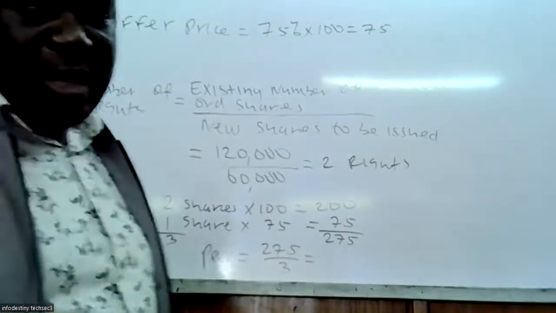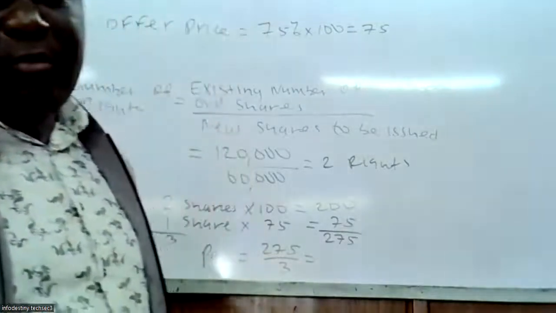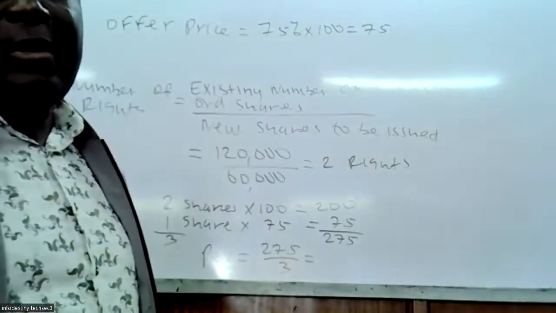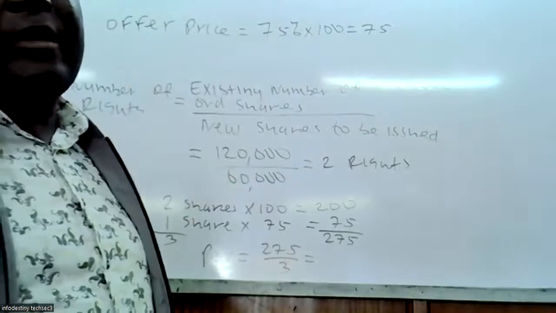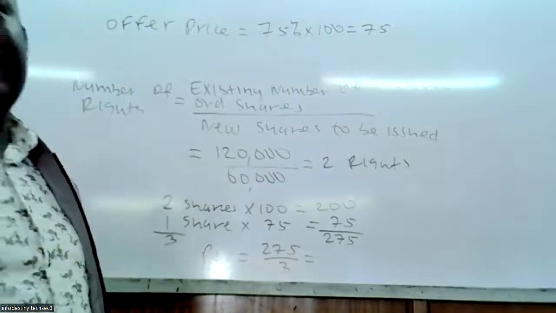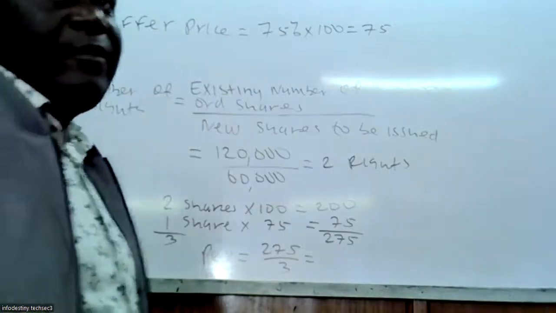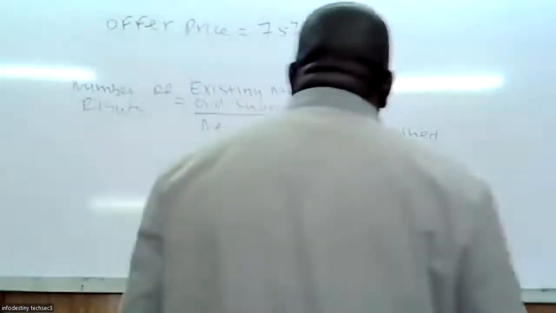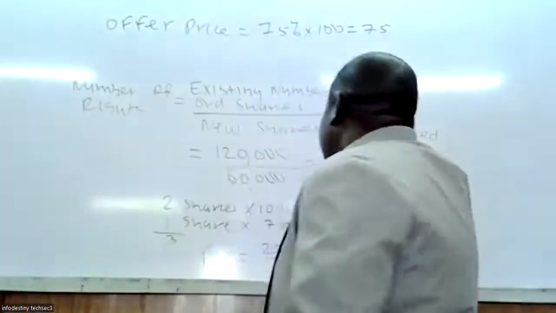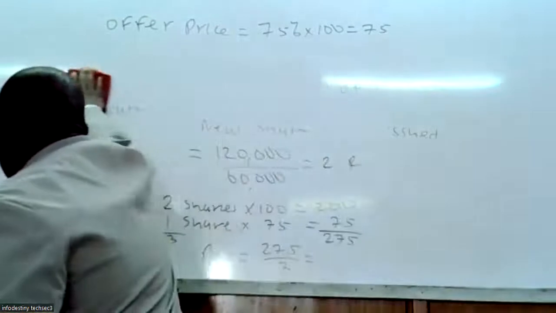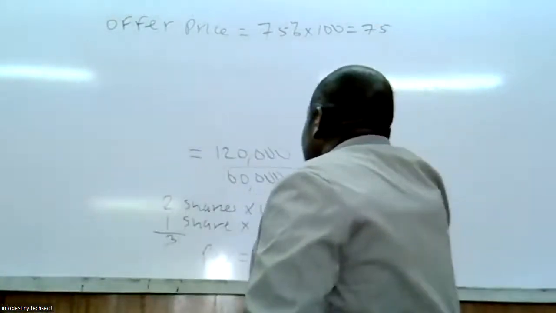I want you to add Roman letter 4. It was not required in the question, but add Roman letter 4 as the value of the rights. I have given you 3 formulas, but I will just pick one of them to show you how to get the value of the rights.